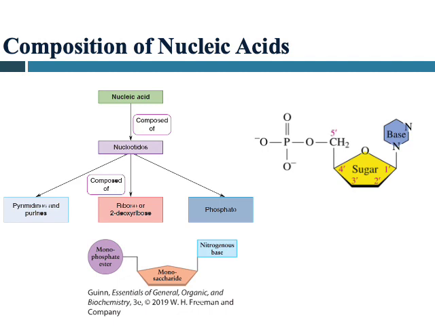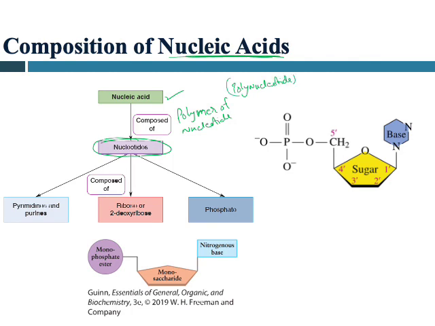We'll talk about the composition of nucleic acid, what nucleic acid is made up of. Nucleic acid is a polymer of nucleotides. When ten or more nucleotides combine together in the form of a polymer, we normally call it a polynucleotide.